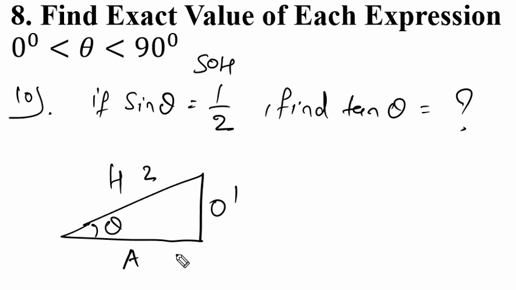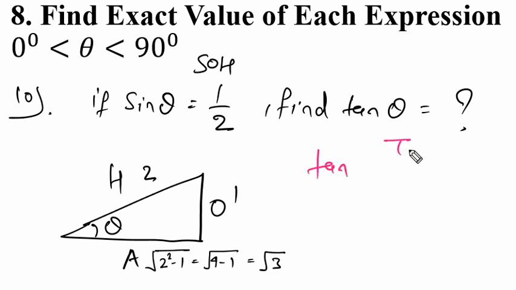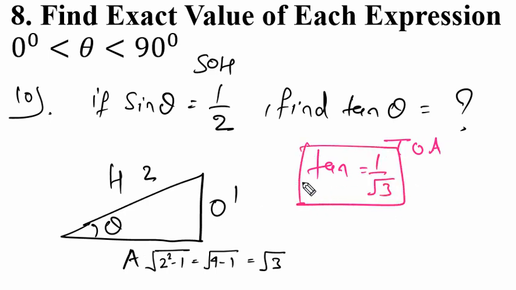What about adjacent then? Square root of 2 squared minus 1, that will give you square root of 4 minus 1, so square root of 3. Adjacent is square root of 3. Good. Now tan is what? Tan is TOA, so opposite over adjacent, 1 over square root of 3. That is your answer. So tan theta is equal to 1 over square root of 3.